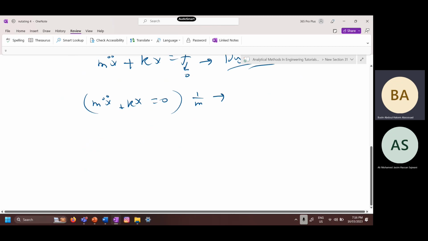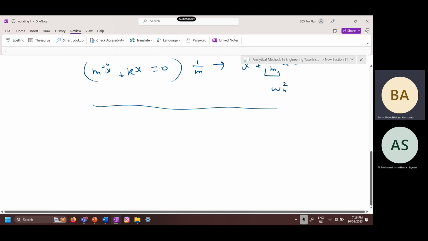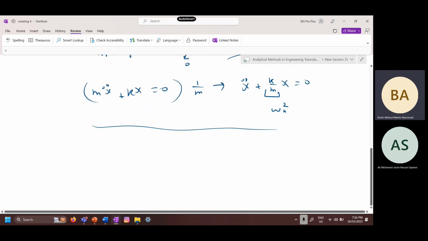So we'll get the following: x double dot plus k over m x equal to 0. And as you studied from dynamics, this term is equal to wn squared. You can solve this with whatever method you use, which is differential equations, basically, using undetermined coefficients.